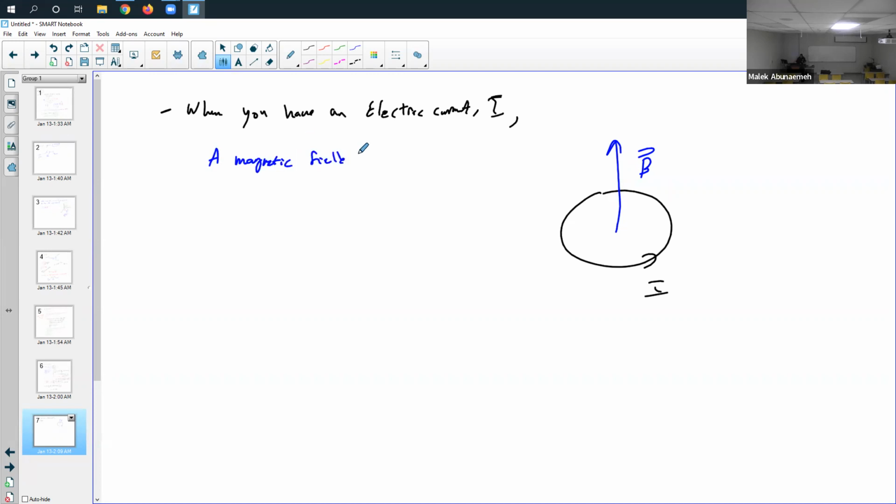This magnetic field is given with the letter B. It was defined as mu I over 2R.